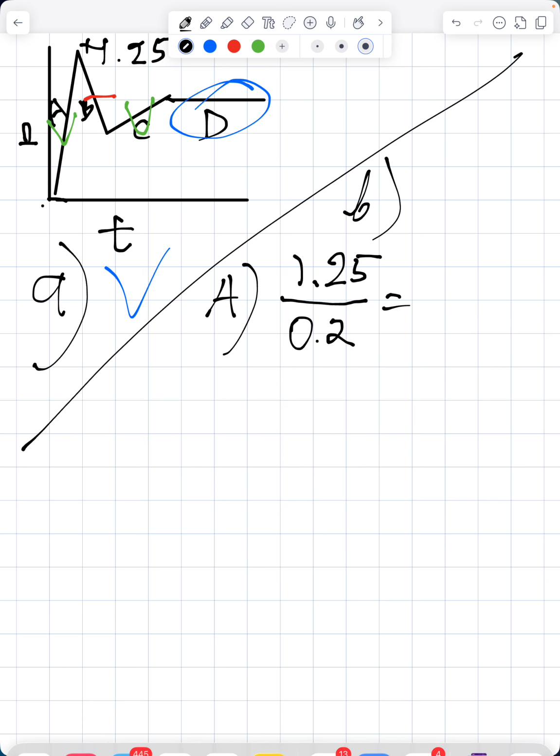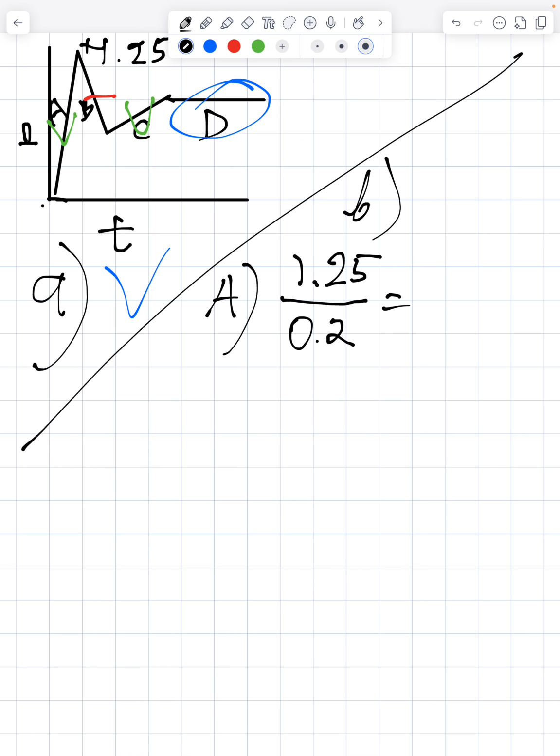If we do the math and calculate this, I already have this calculated before. You can plug it into the calculator, or just divide 125 by 2, and then add zeros.